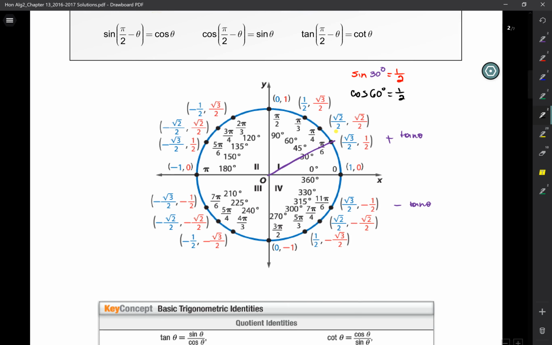Suppose sine of 40 degrees is equal to some value x. Now, what's the complement of 40? 50. The cosine of 50 would have the same value.